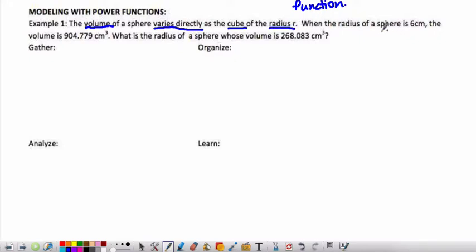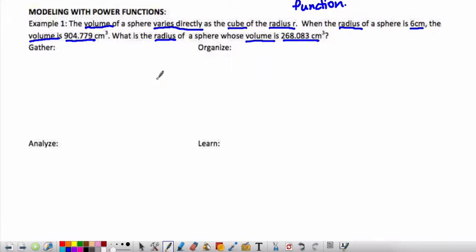Okay, when the radius of the sphere is 6 centimeters, the volume is this amount. And then it wants to know what is the radius of the sphere whose volume is this amount? Okay, so we've gathered.